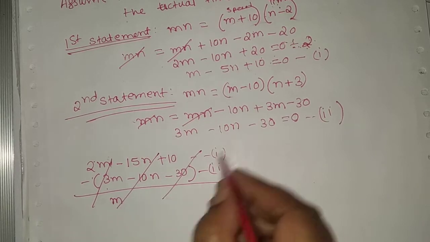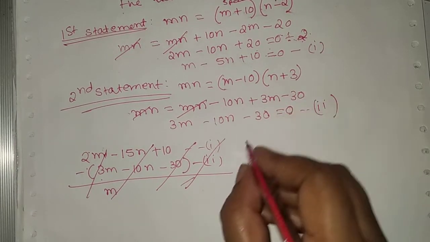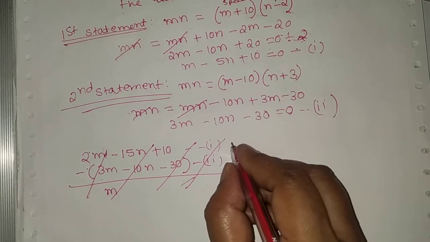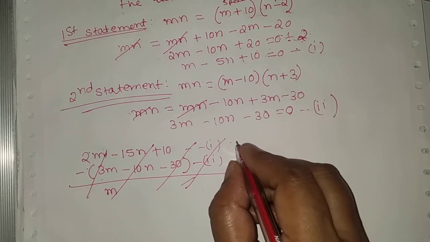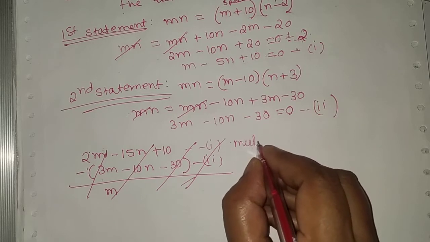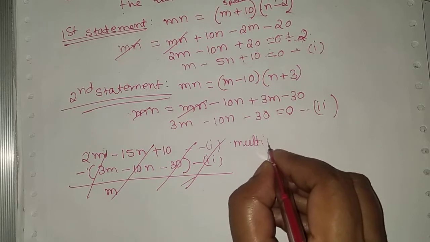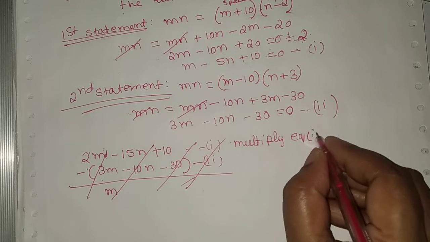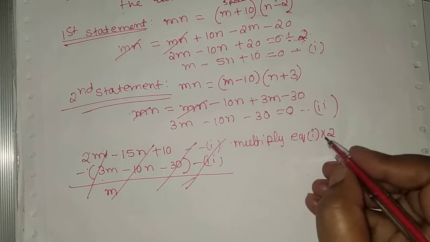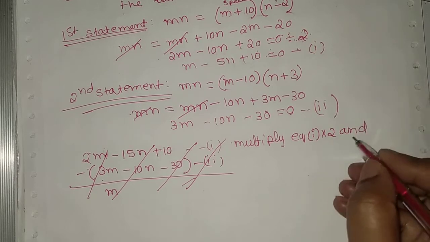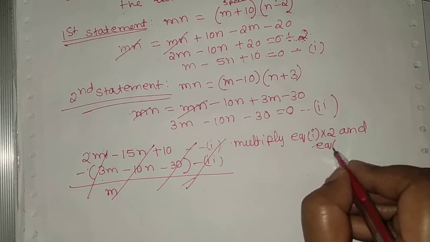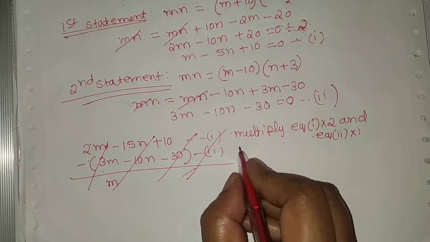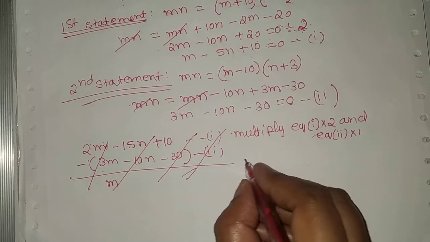I'll write it again. In order to solve, multiply equation 1 by 2 and equation 2 by 1.